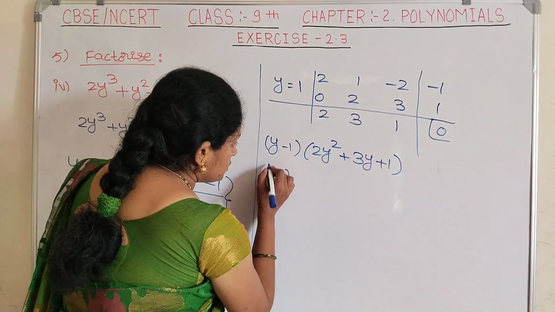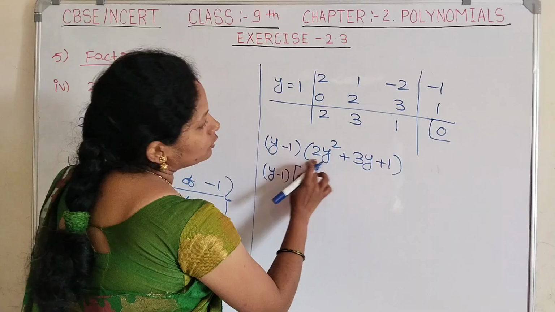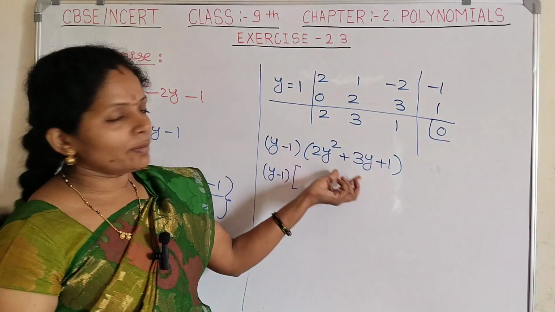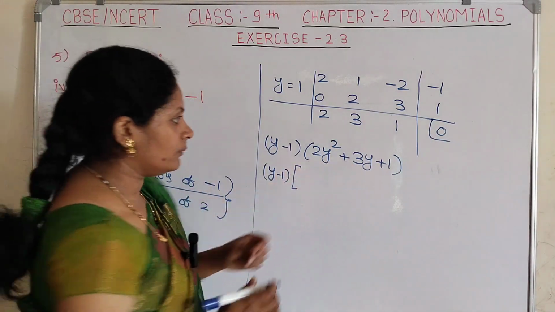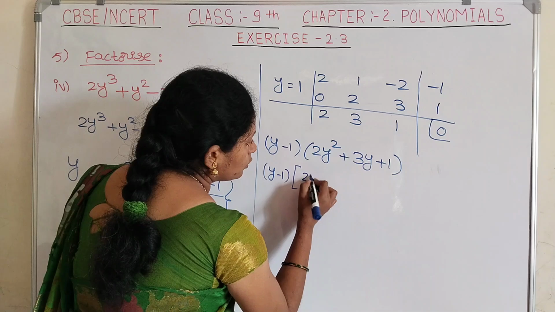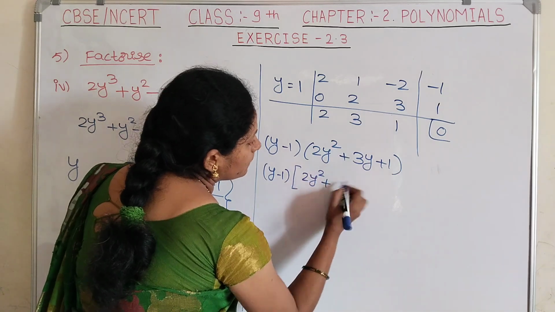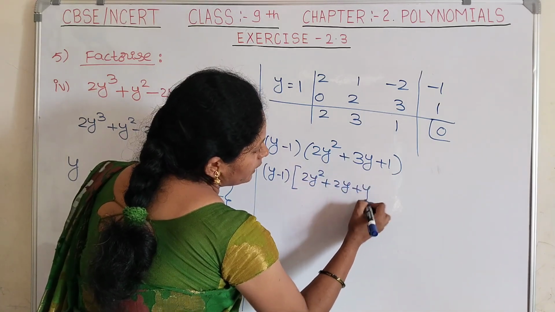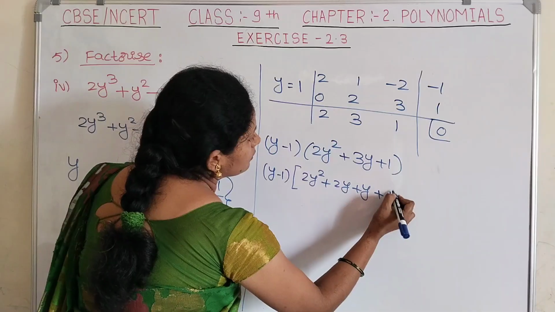Y minus 1 into 2y square means 2y plus y, which gives us the 3y. 2y square plus 2y plus y plus 1.